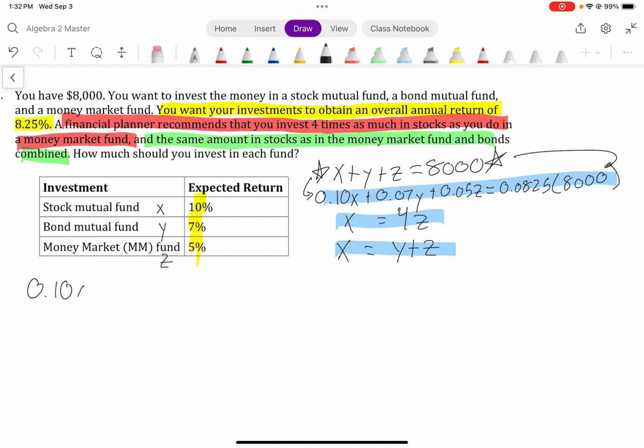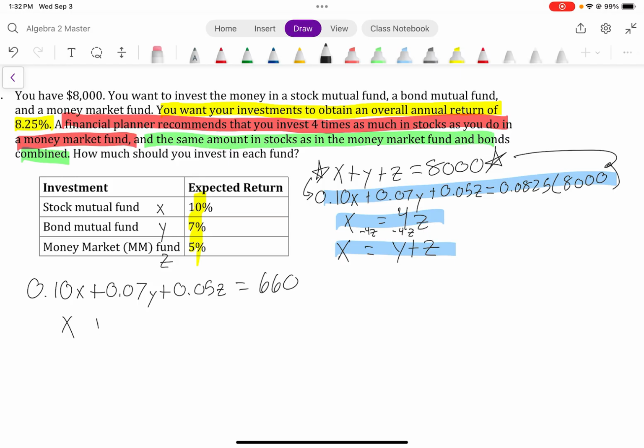So 0.10X plus 0.07Y plus 0.05Z equals, if I want to multiply out 0.0825 times 8,000, I can do that right now. It's going to equal 660. You don't have to multiply that out right now if you don't want to. It's up to you. But now I need to get these next ones in the same X, Y, Z equals constant order, which means I'm going to subtract 4Z from both sides of that second one.